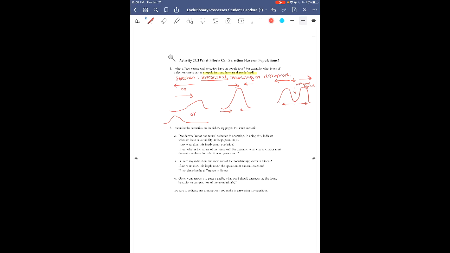So the key to analyzing these scenarios is to first ask what is being selected against, and then whether or not this phenotype or trait could have a genetic basis. So we're going to think about whether this can be genetically inherited. If it's genetically inherited, then you're likely to see selection. So for the scenarios we're going to look at, we're going to ask, is it genetically inherited?